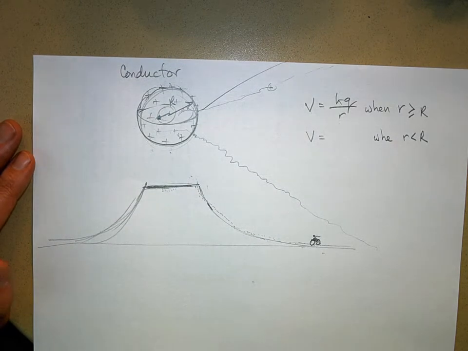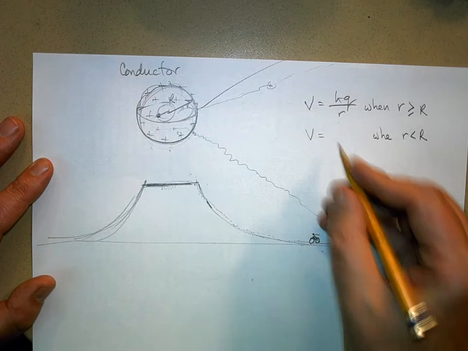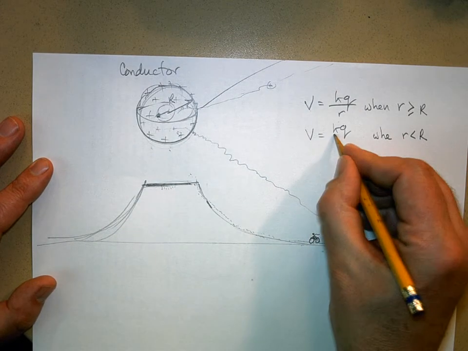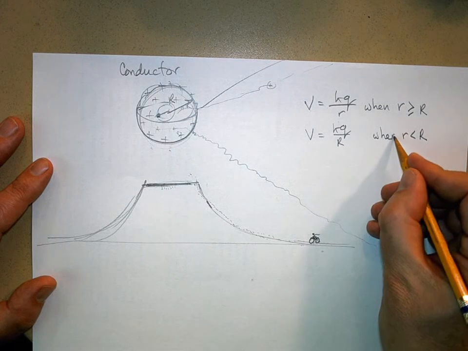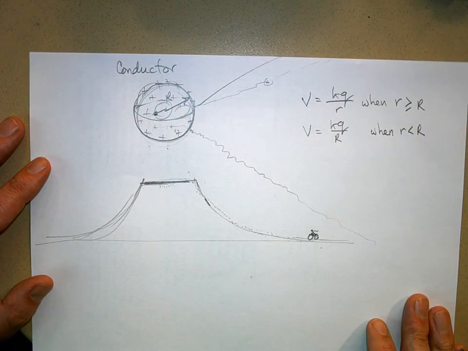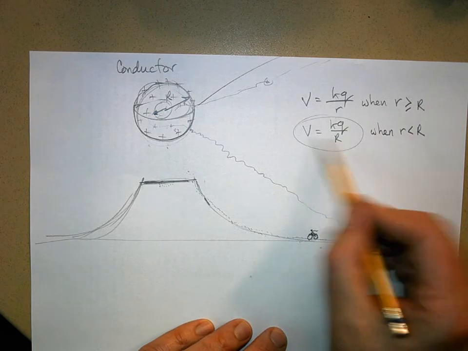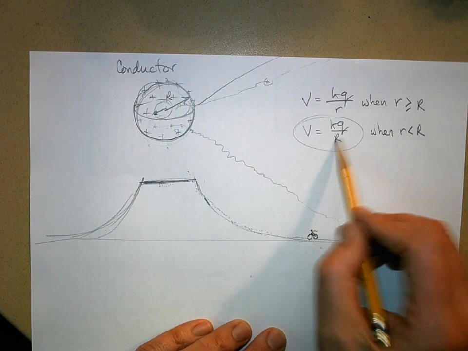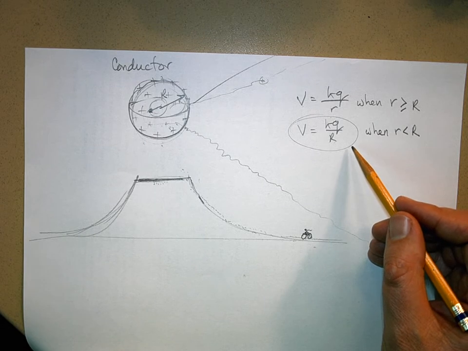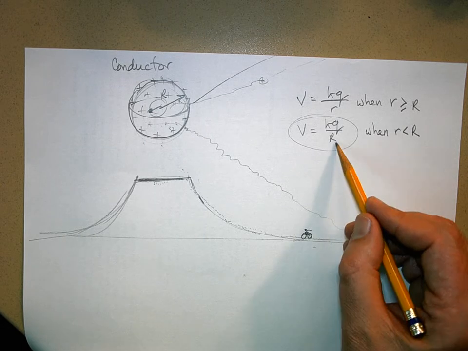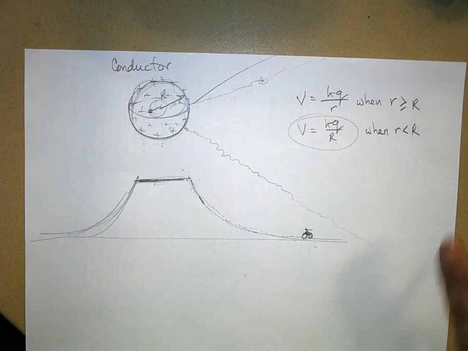So inside that conductor, we would say the voltage is kQ over R everywhere inside, when r is less than the radius. So when you're inside the sphere, it's just that constant. Now this was for something that had spherical symmetry, but this works no matter what the charge symmetry was.